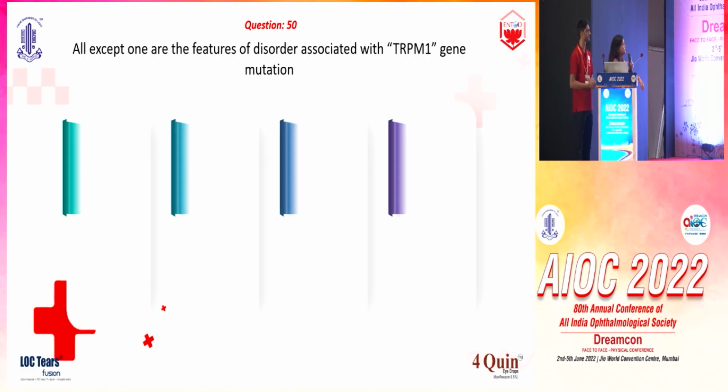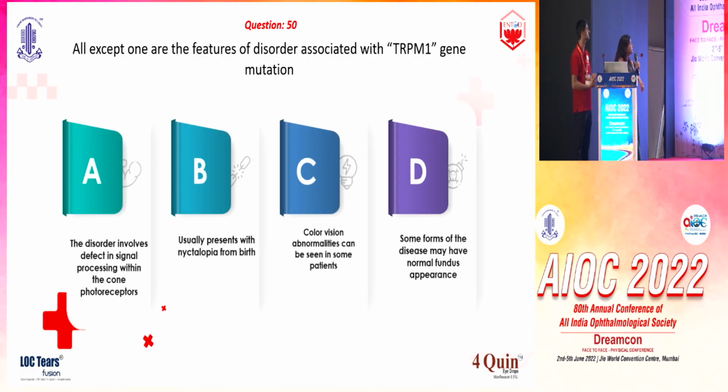This is the last question. All except one are the features of the disorder associated with TRPM1 gene mutation. The disorder involves defect in signal processing within the cone photoreceptors, usually presents with myopia from birth. Color vision abnormalities can be seen in some patients, and some forms of the disease may have a normal fundus picture.